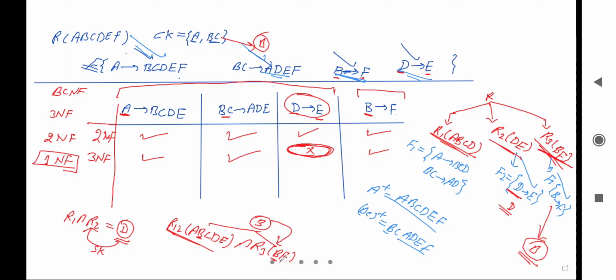So finally we can say it is a lossless join decomposition. So two things are there: dependency preserving and lossless join decomposition. We can say the decomposition is valid only if it is dependency preserving and lossless join. Is it clear to all?